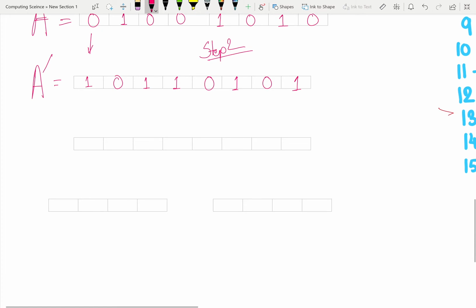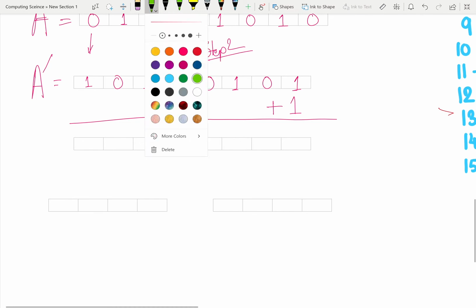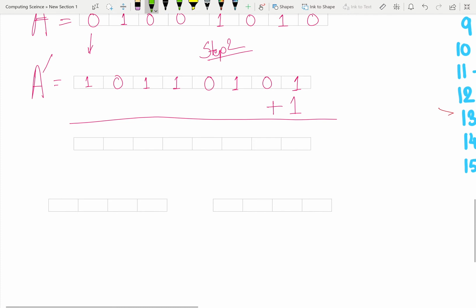Let's go to step 3. Step 3 is we add. We make an addition up here. For the addition, I'm going to use a different color so that it's much clearer for us. Whenever we are dealing with an addition, 1 plus 1 becomes 0 with a carry.